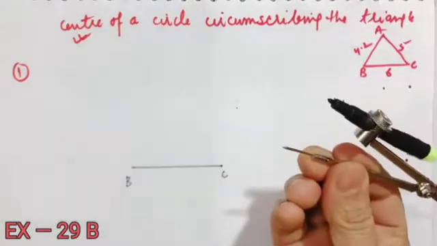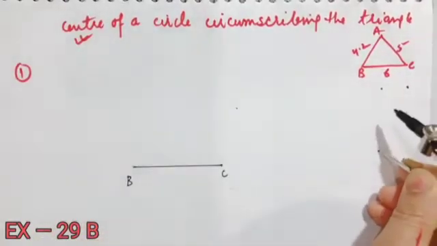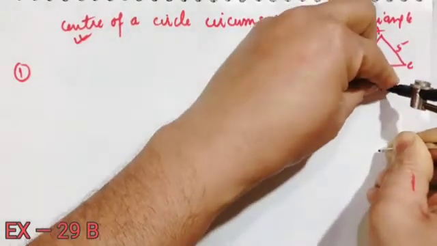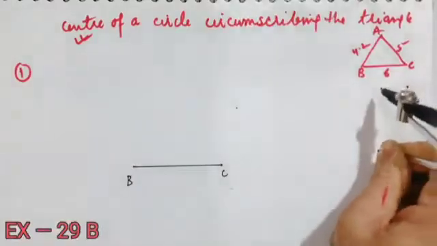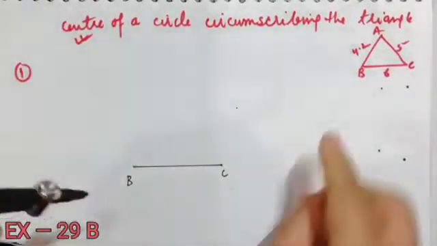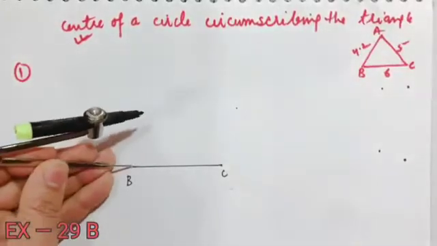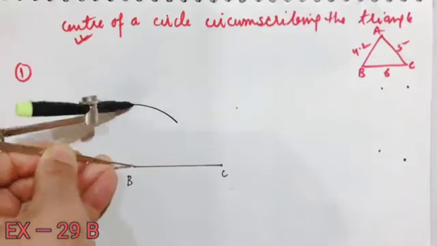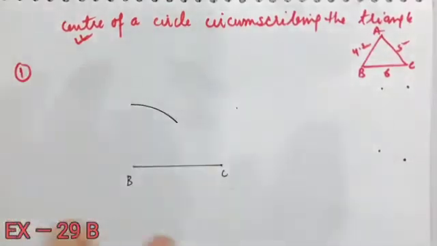As I said, you take this particular compass, measure the length of 4.2. Okay, this is 4.2, you can see. AB is 4.2. So from B make an arc. Leave it as it is. जितना बड़ा है कोई प्रॉब्लम नहीं है.